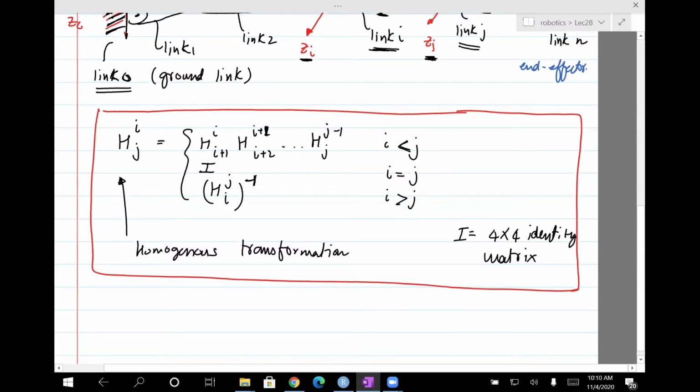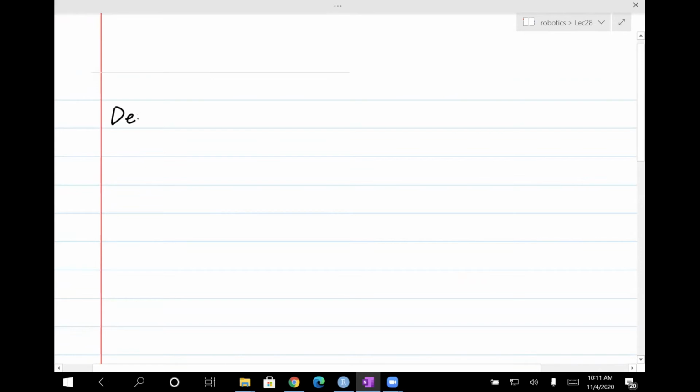Same here, you can have multiple ways of expressing these transformations, but the convention we'll stick to, which is very popular in the robotics or manipulator community, is known as the Denavit-Hartenberg convention.